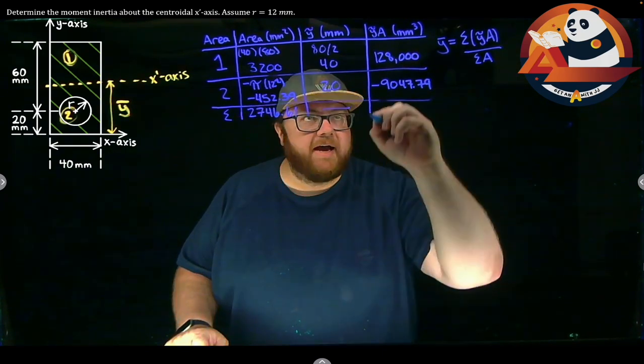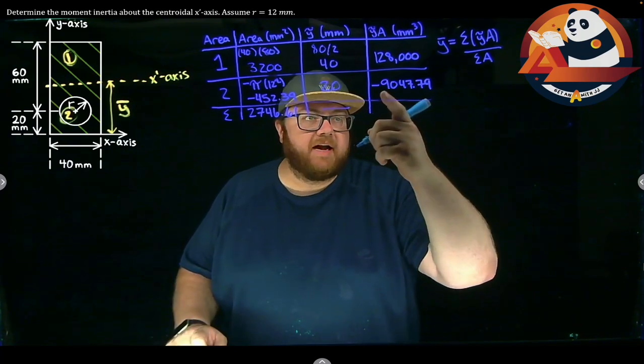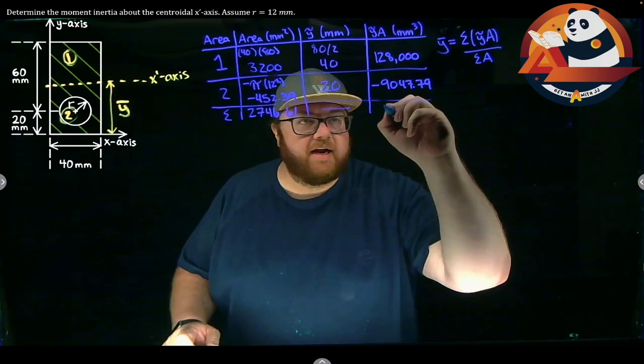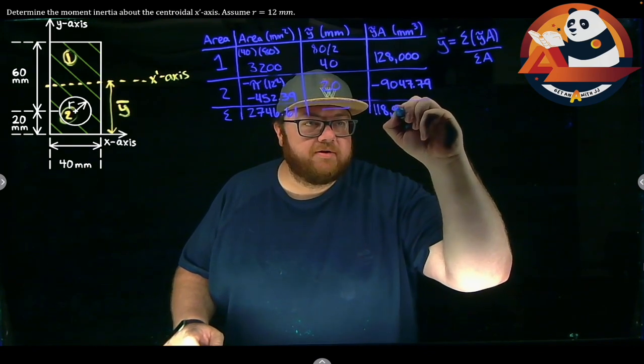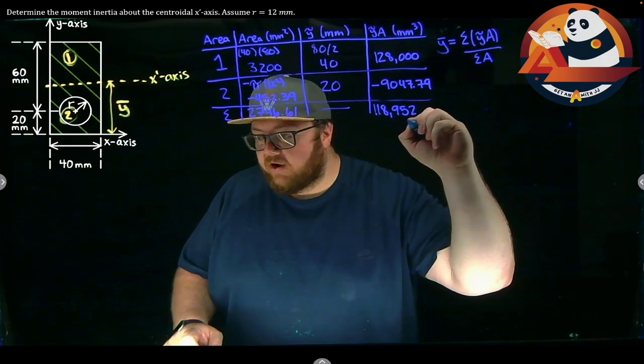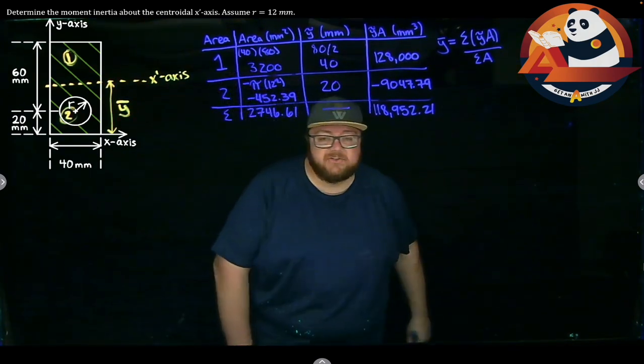And that column should add up to 128,000 minus, because we're adding a negative in here, 9,047.79, which is 118,952.21. Which gives me everything I need to find my centroid location.